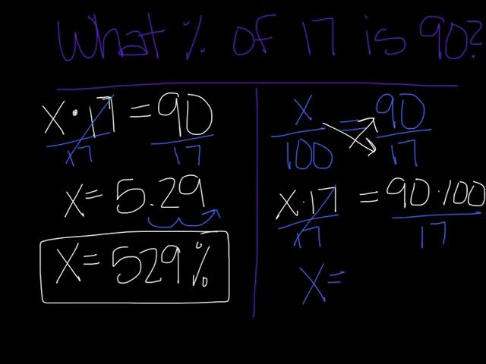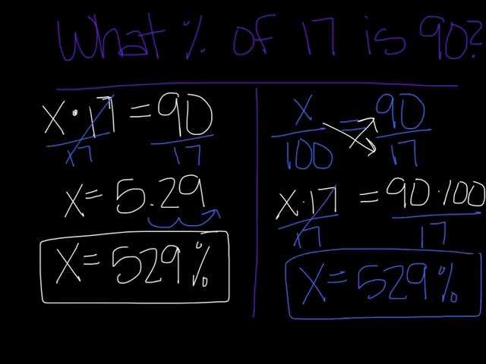So x equals 90 times 100 is 9,000. 9,000 divided by 17 is 529. So two different strategies to work the same type of problems. Percent problems just take a lot of practice, and once you've practiced them, they usually become quite clear.